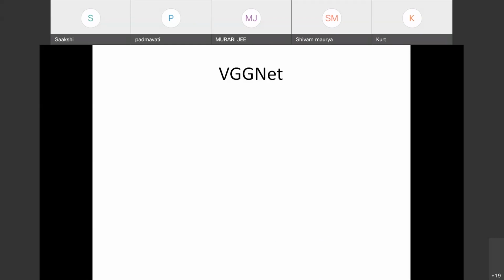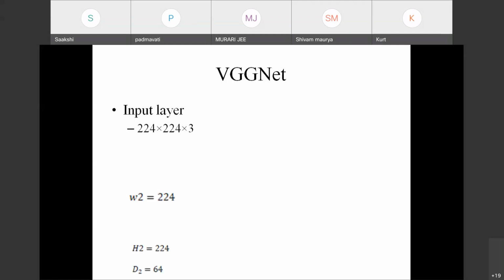In today's session, we will be discussing VGG16. In particular, VGG16 has 13 convolutional layers and 3 fully connected layers. 13 plus 3 comes out to be 16. Okay, with that, let's start.